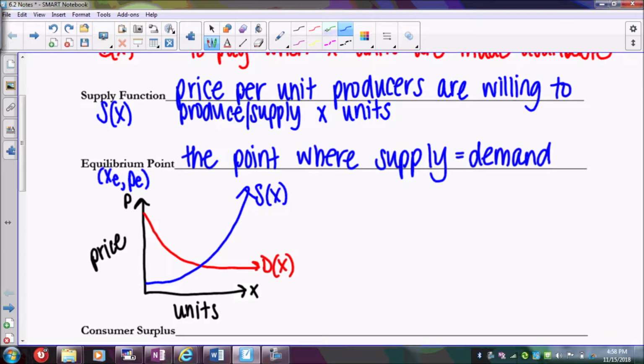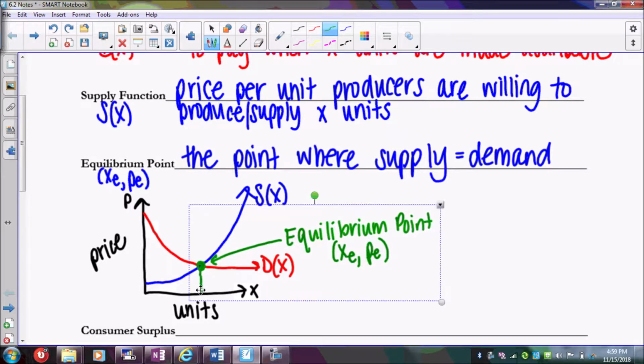Where these two intersect, or where they're equal, this is called the equilibrium point. Again, this is x sub e comma p sub e. So this right here would mean x number of units, and then this would be the price.